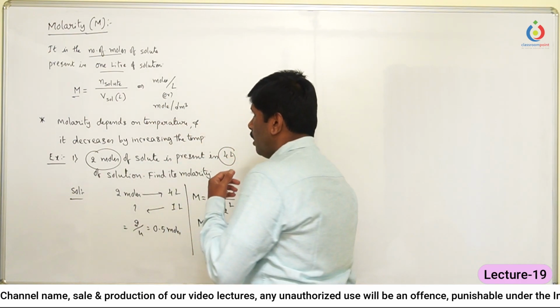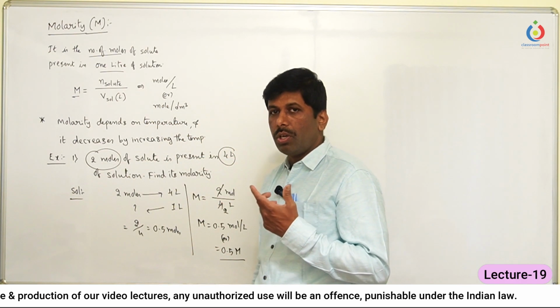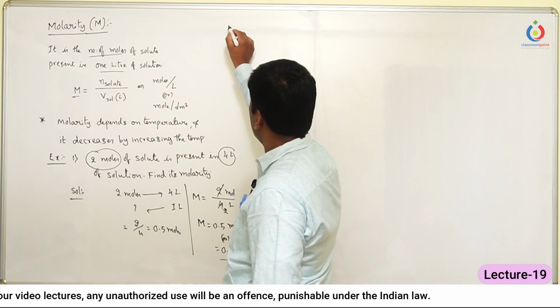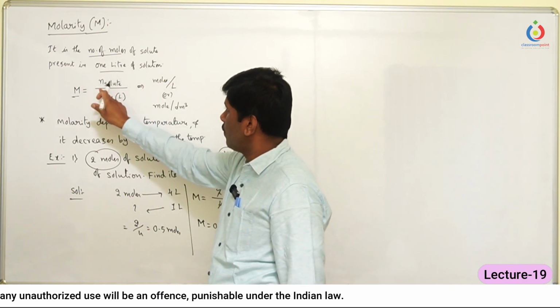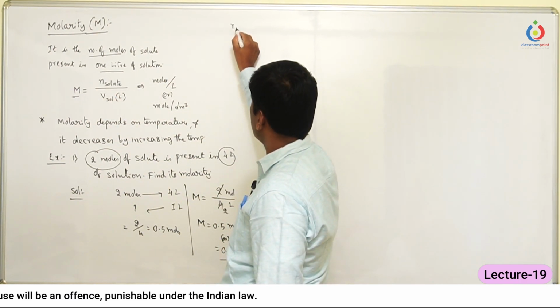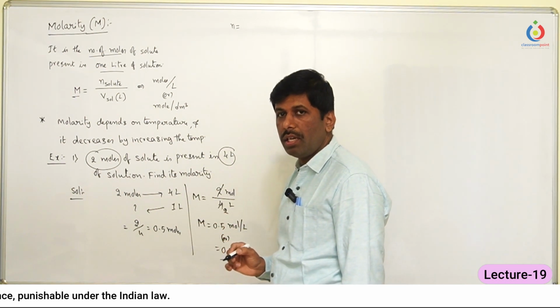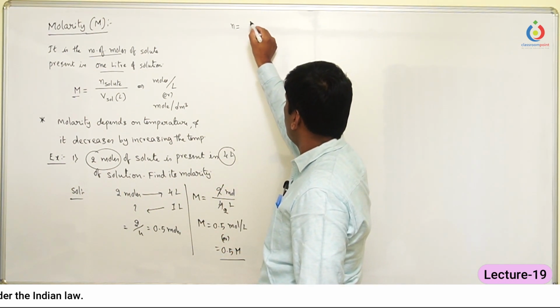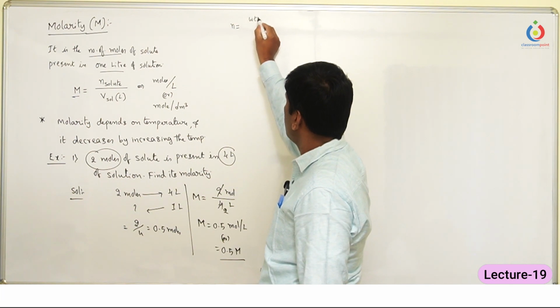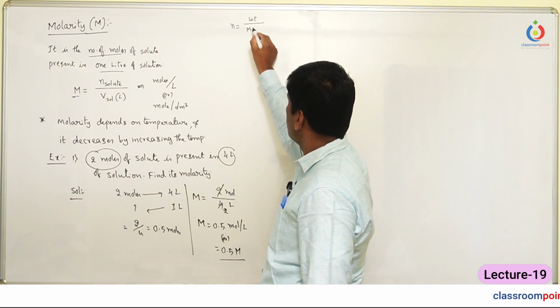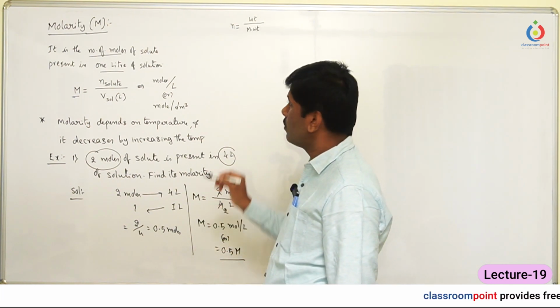Let us see how to use this formula in solving questions. So let us try to substitute the value of n, that is number of moles. Number of moles can be calculated in various ways. If mass is given, weight divided by molecular weight of the solute.